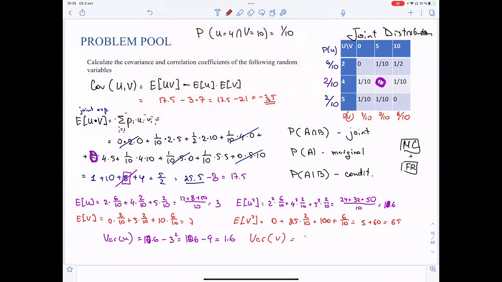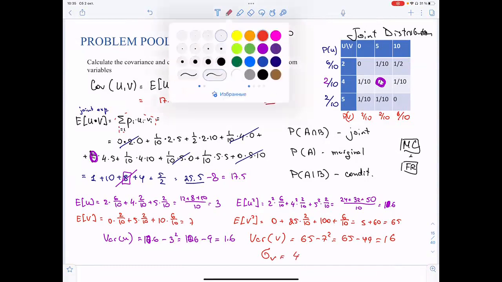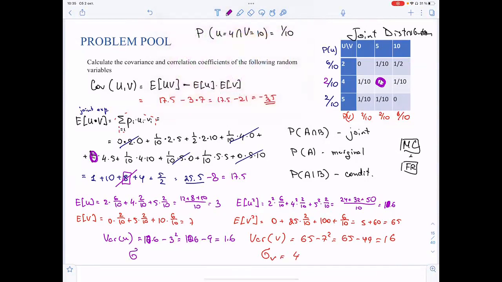It's going to be 65 minus 7 squared, 65 minus 49. It seems to be 16. Superb. Now we say that sigma of V is 4. I mean the standard deviation. And the standard deviation of U is the square root of 1.6, or it's 4 times square root of 0.1.